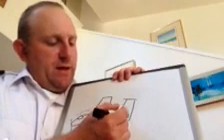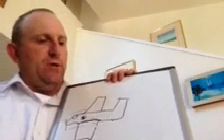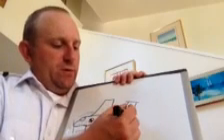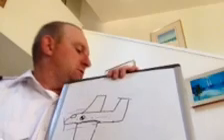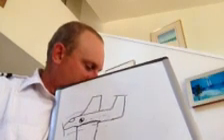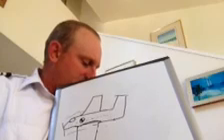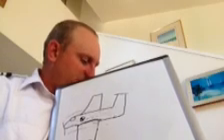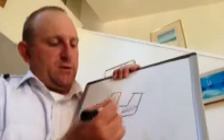Some of the things with that to keep in mind is if we pull back on the yoke, that's going to take the trailing edge, and if we pull back, the trailing edge is going to raise, much like this.